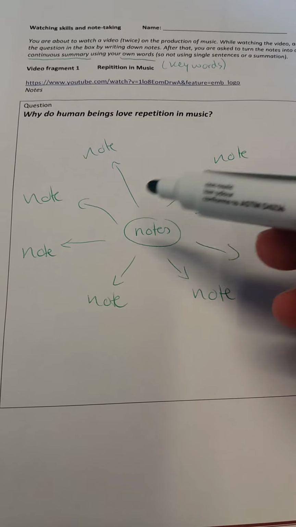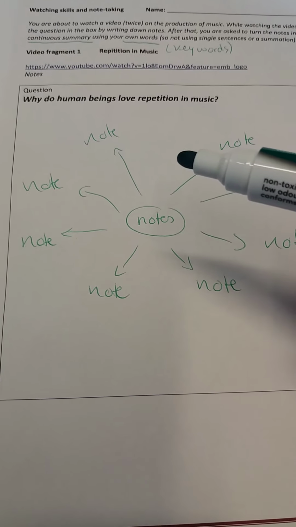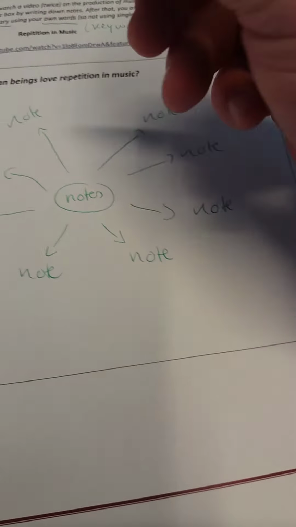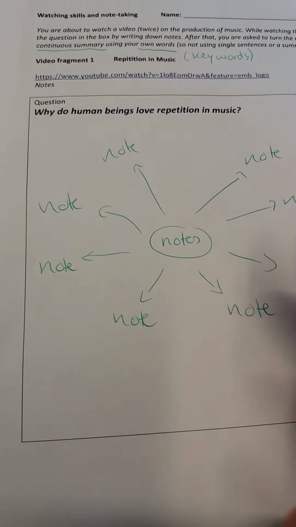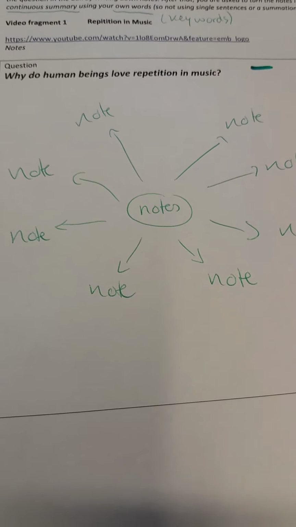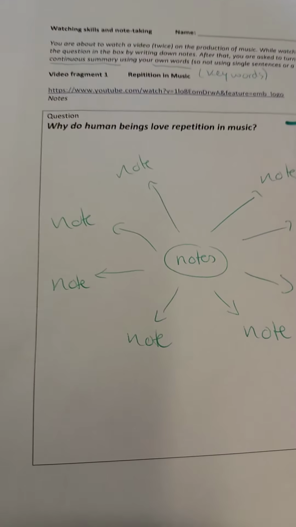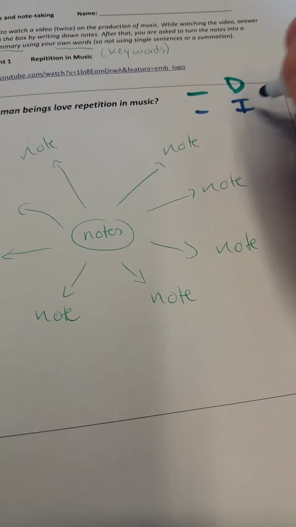For instance, you have created a mind map or a word map like this, and then you're going to have to determine which are details and which is important information. For instance, you can color: the notes that are green, those are details, and the bit that's blue, I'll call that I, that is for important.